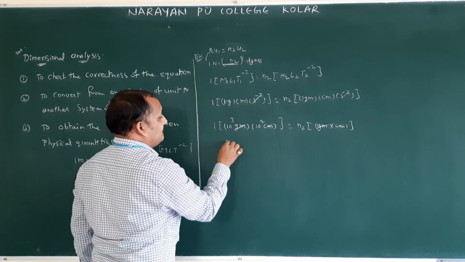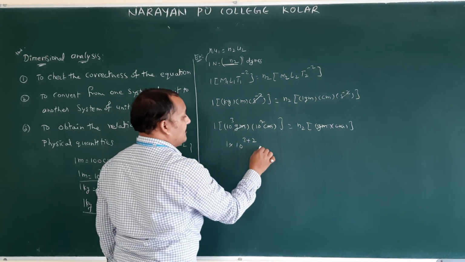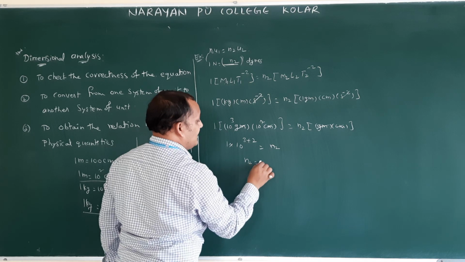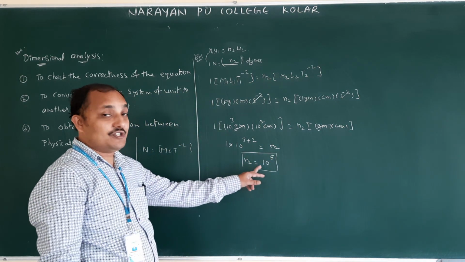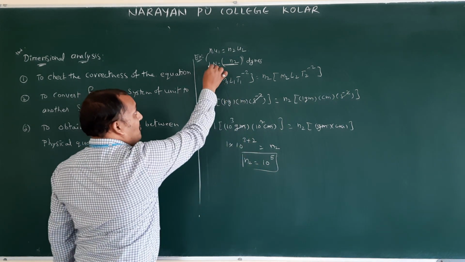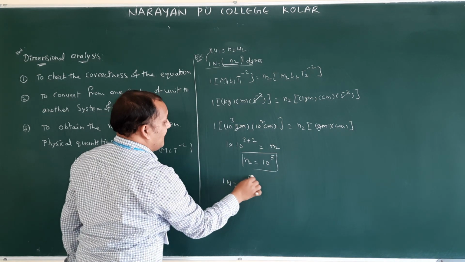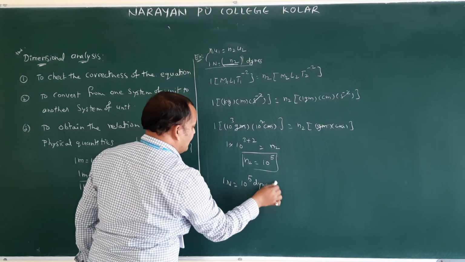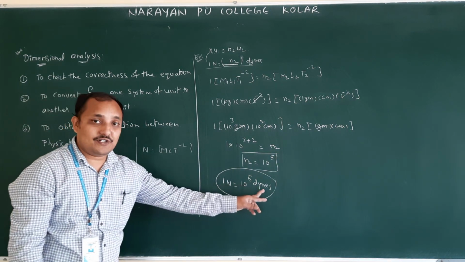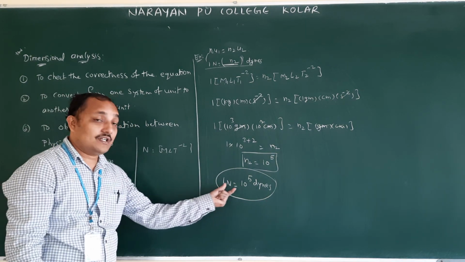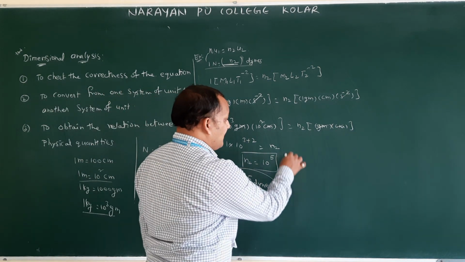So 1 into 10 cube into 10 square, 10 power 3 plus 2, is equal to n2. Now n2 is equal to 10 power 5. Now 1 Newton is equal to how many dynes? 1 Newton is equal to 10 power 5 dynes, isn't it? This is conversion of one system of units to another system of units, Newton to dyne. Understood? Now try to do this one for yourself. I am giving homework.